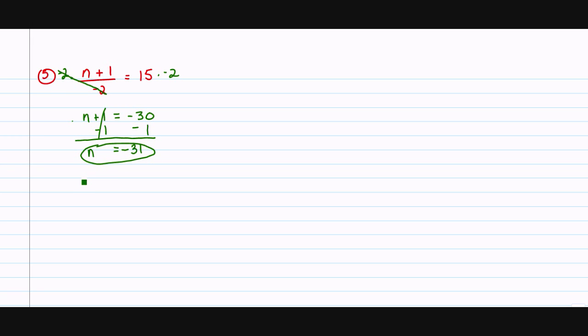If I plug this back in, I get negative 31 plus 1 divided by negative 2 equals 15. Negative 31 plus 1 is negative 30 divided by negative 2. And negative 30 divided by negative 2 is 15.